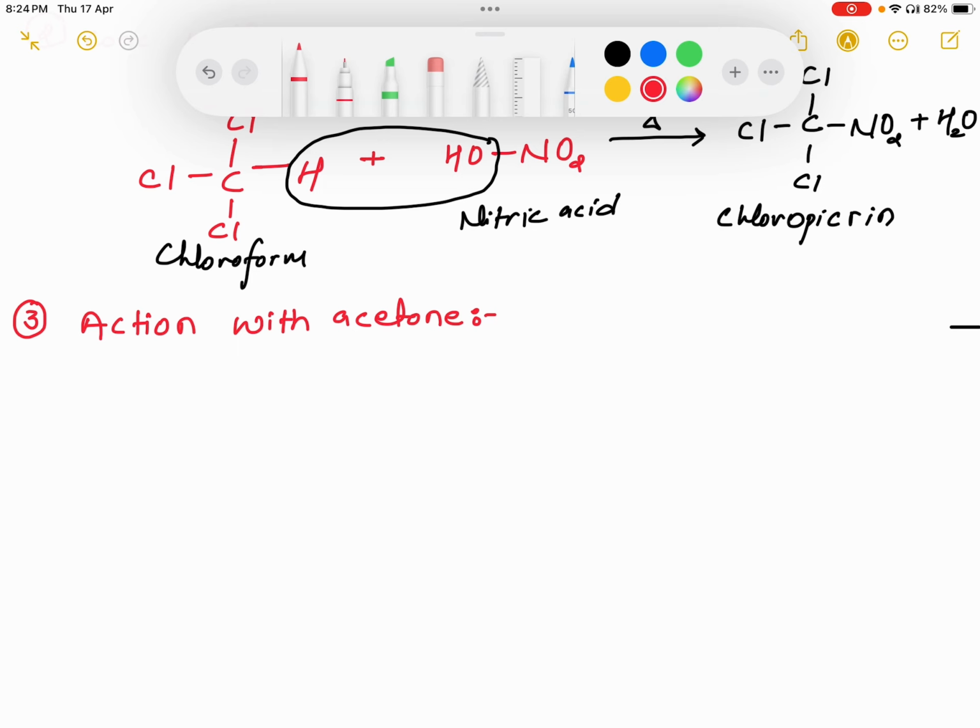So basically, when chloroform reacts with acetone, this one is chloroform, Cl, Cl, Cl along with the H. And the other group that we have is acetone. Acetone looks something like this, C double bond O, and other than this, there are two CH3 groups attached with this carbon. So this is basically your acetone, and this one is your chloroform.